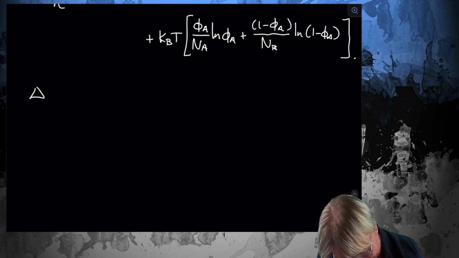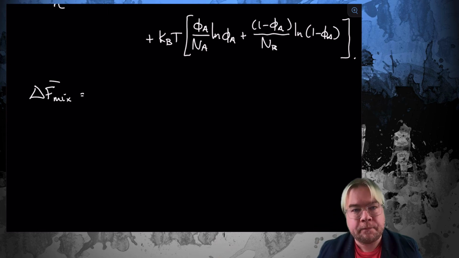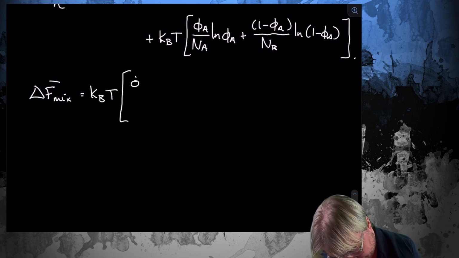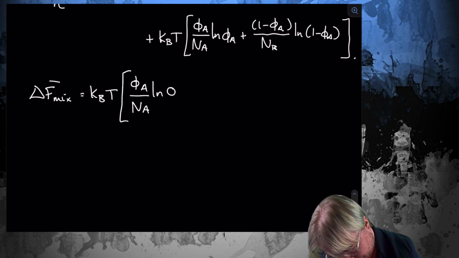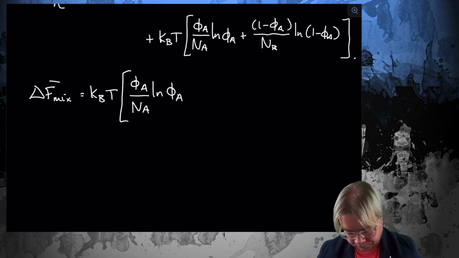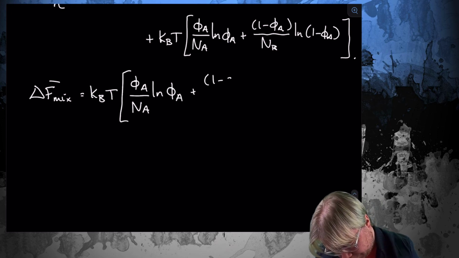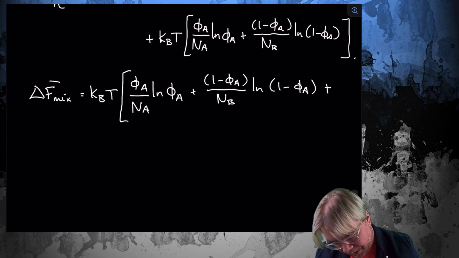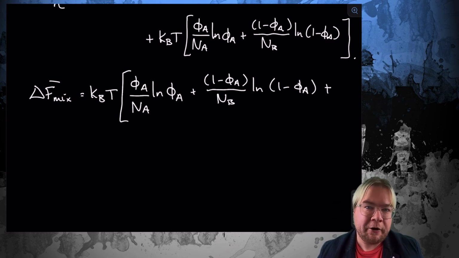And so what I get is an expression that's a little closer to the one that we use regularly, which is the change in free energy upon mixing is kBT times phi A divided by Na log of phi A plus phi B divided by Nb log of phi B, and then plus that change in energy upon mixing.